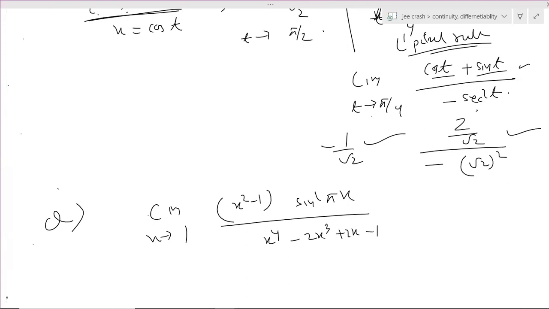So in this type of question, when you see polynomial functions in the numerator and denominator, and this is becoming 0, and if you put x equals 1, most probably the denominator will also become 0: 1 minus 2 plus 2 minus 1 is 0. So always try to use factorization. Mostly the factor which is making this thing 0 will become cancelled out.